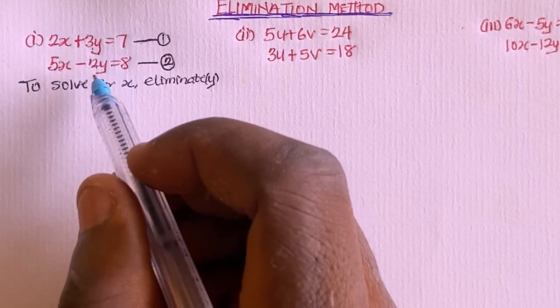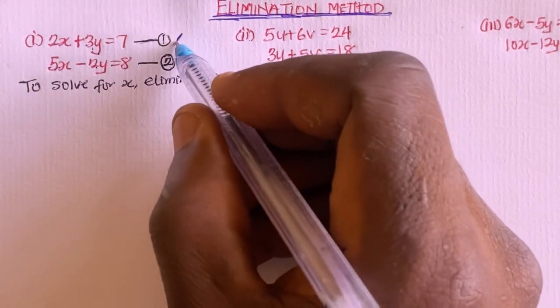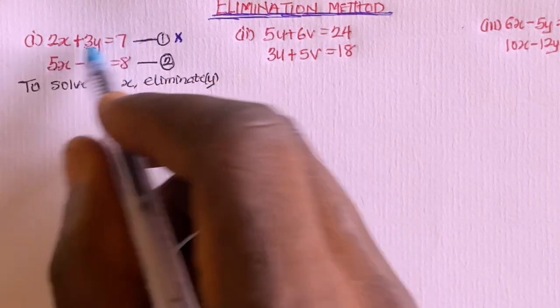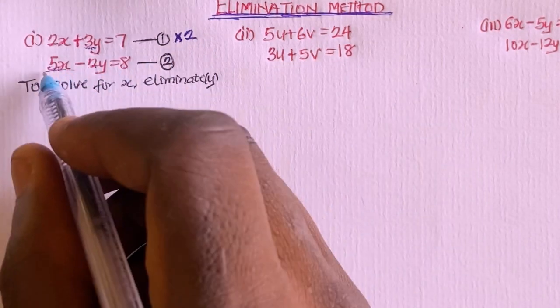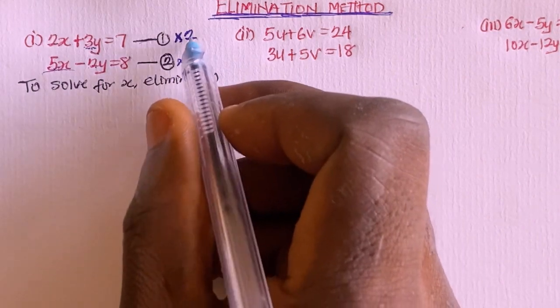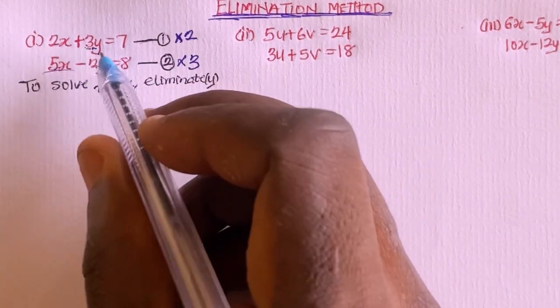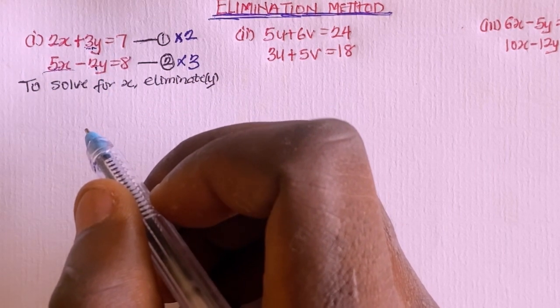So I need to multiply every number here by 2, and then multiply every coefficient here by 3. The reason I'm doing this is that I want to balance the coefficient of y here and here so that I can either add or subtract them.